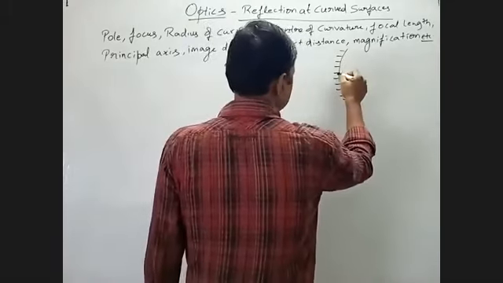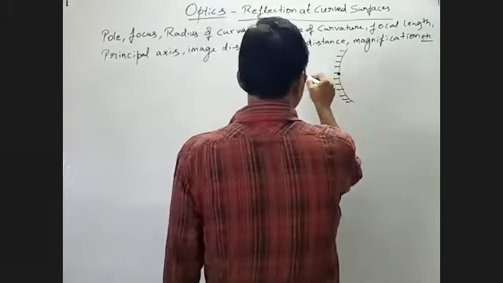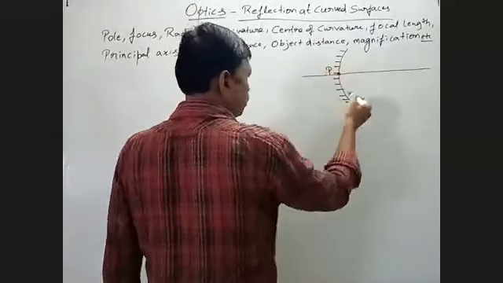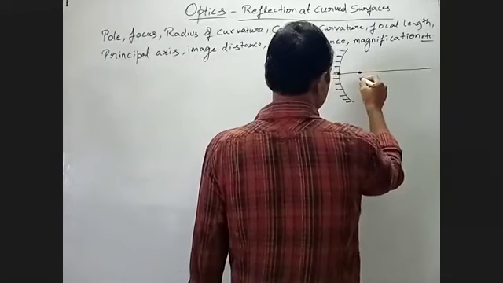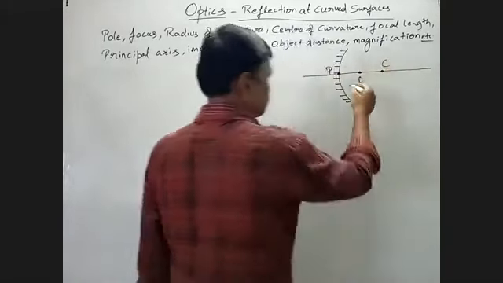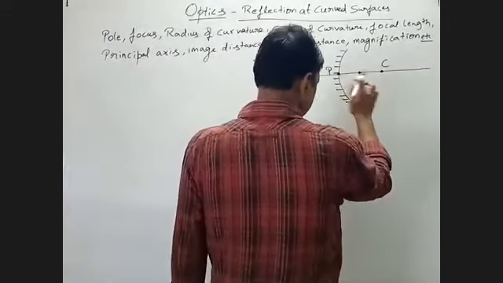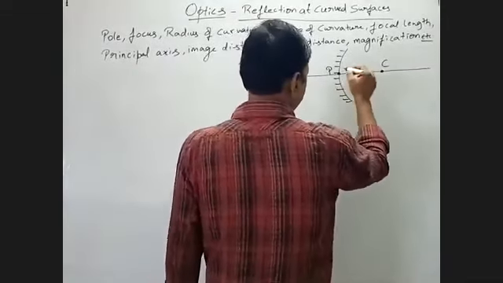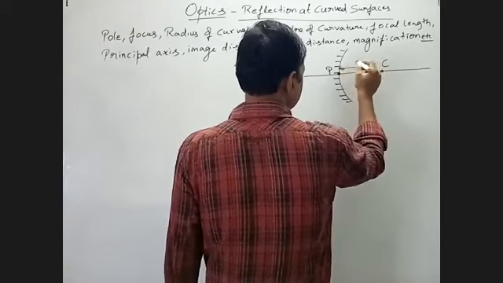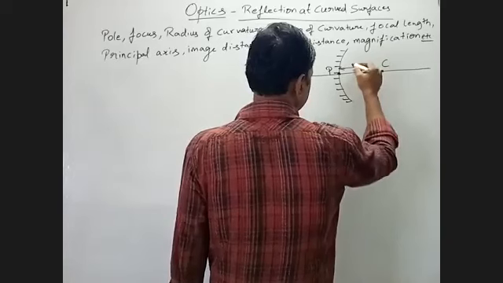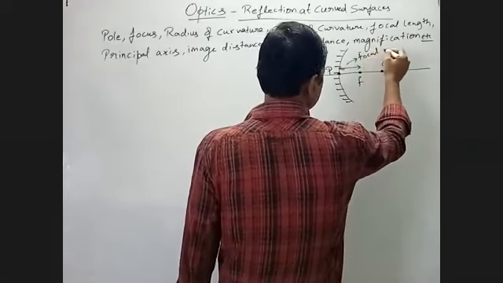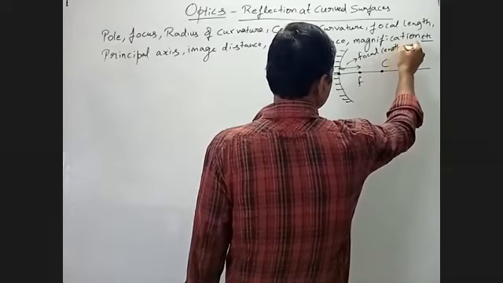So this is the pole, and then this is the focus, this is the principal axis, and this distance is the focal length.